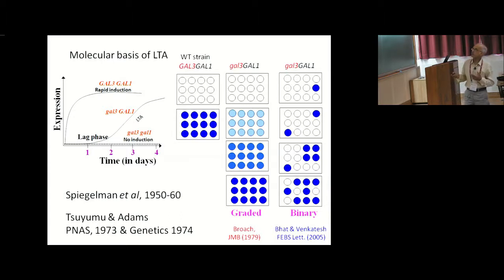That cell keeps multiplying, and eventually these cells take over. So this is a totally different sort of explanation, and we published this in FEBS Letters. There was no experimental evidence in this paper. We came up with a theoretical argument.